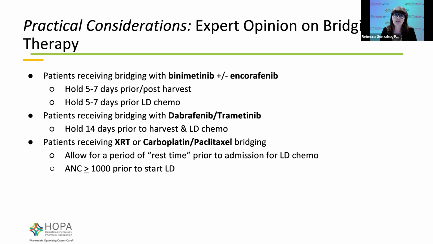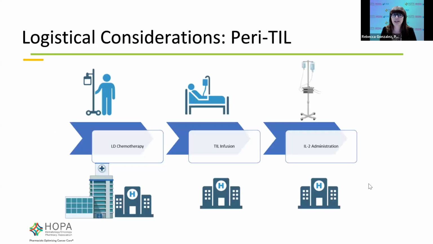And this may take up to 2 to 3 weeks to occur. So really a patient-specific, not a one-size-fits-all, and really having a joint discussion with the patient, the provider, and also the pharmacist on your team is critical. I'll turn it to Eugene, who will talk about some of the logistical challenges as we prepare to receive TIL.